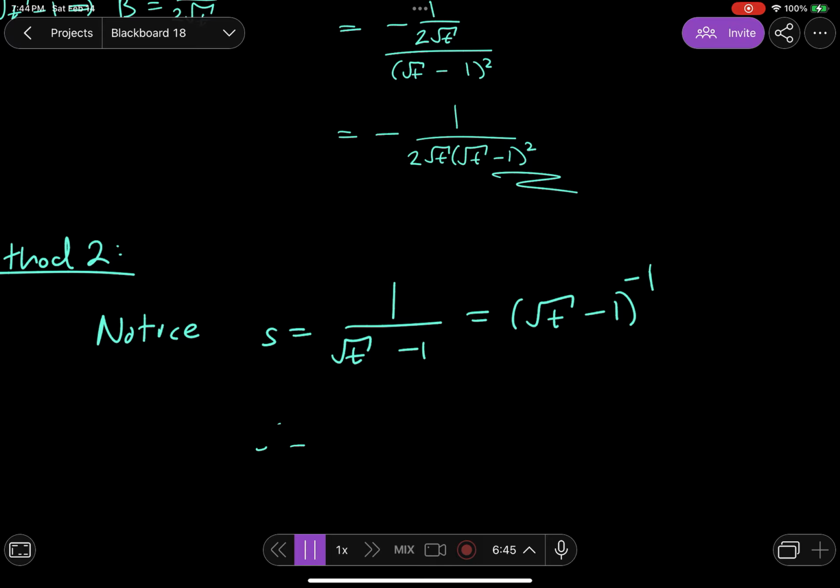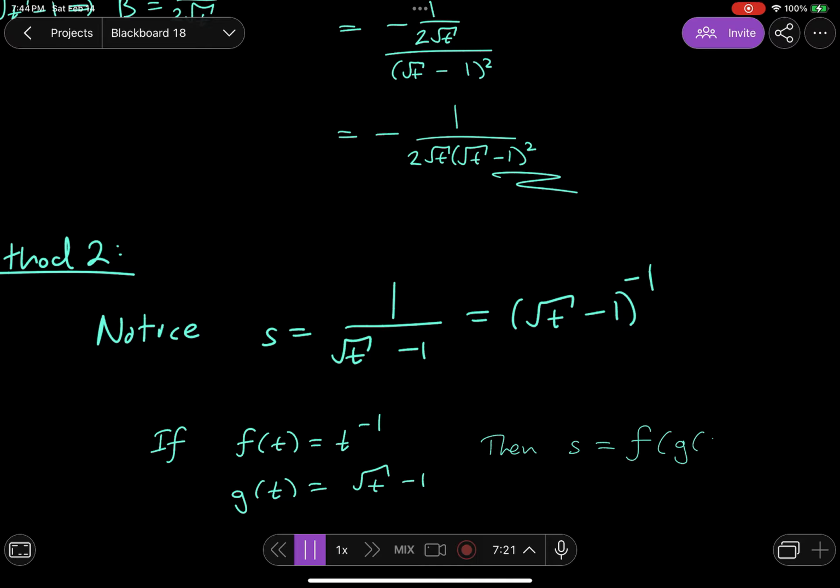Maybe before I do this, since this is kind of like how to do it, let's notice that if I say f of t is equal to t to the negative 1, and g of t is equal to the square root of t minus 1, I did not need those parentheses, then s is equal to f of g of t.